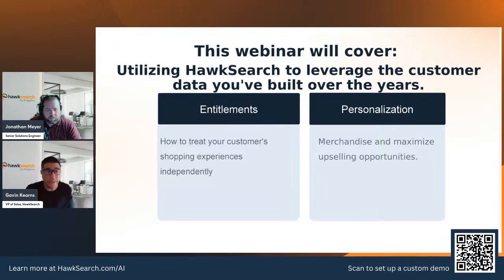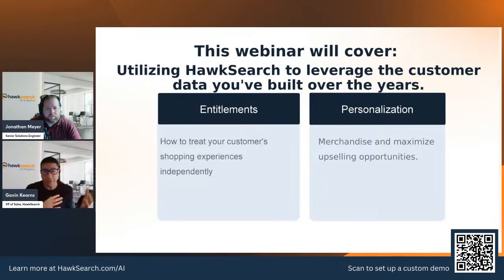This episode is about the piece of data that you've gathered which is the most important, and that is your customer data. We have a lot of very cool tools within Hawk that utilize the power of that data you've collected, and it allows us to get into things like customer entitlements, as well as that personalization component.